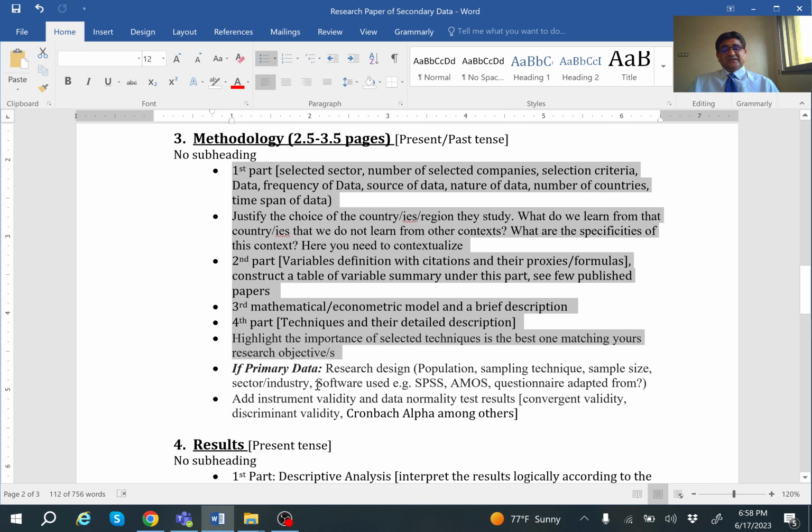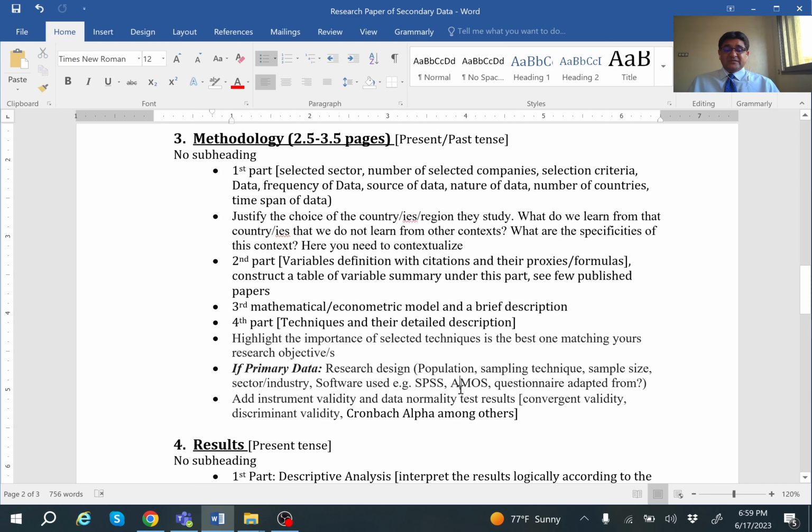Either it was collected through a questionnaire, by visiting the companies face to face, or by launching a Google form. What was your approach towards data collection, how did they screen the questions, and which kind of software they have used. You need to discuss all these things.